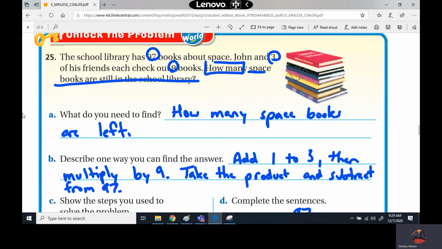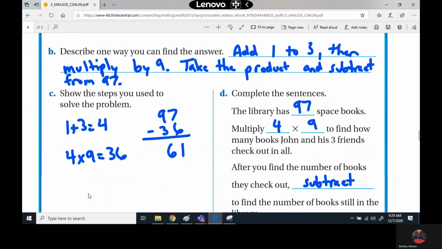Then we take the product, which is the answer to multiplication, and subtract it from 97, which is the number of books that the school library has. So this is a huge problem. We got to add, multiply, then subtract. Let's see what that looks like.